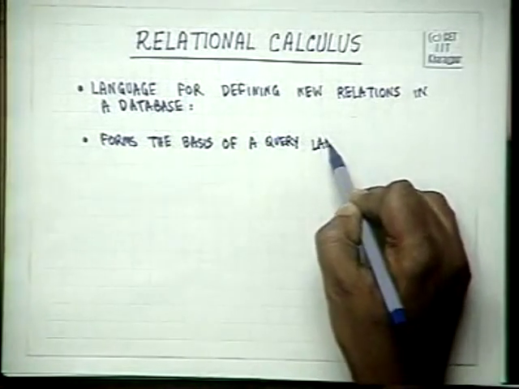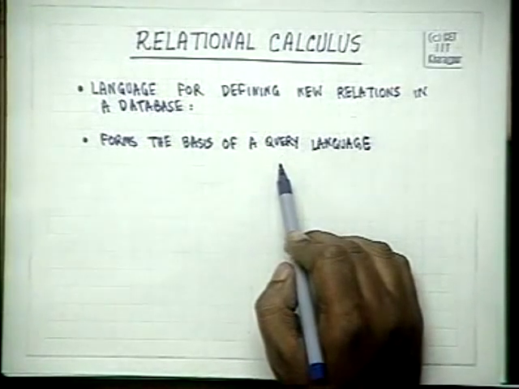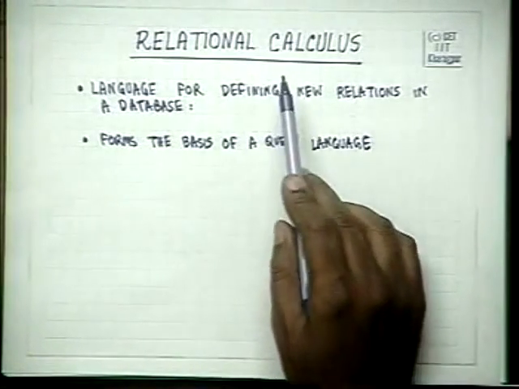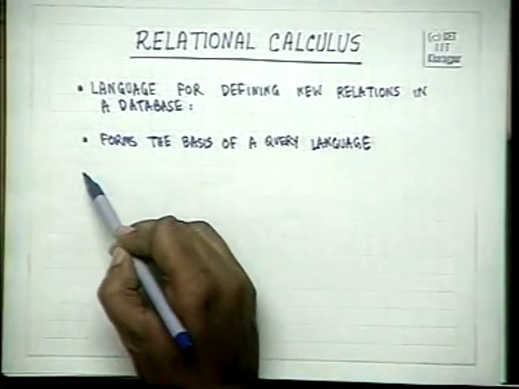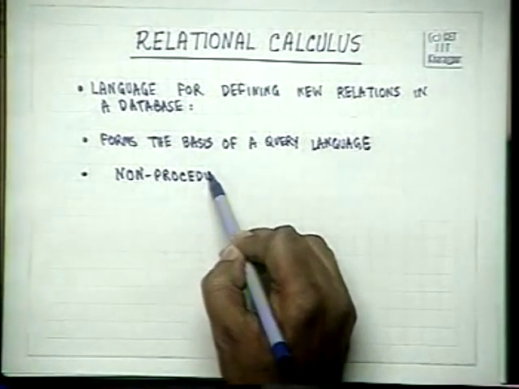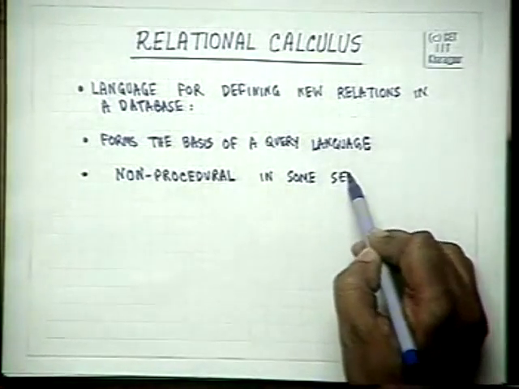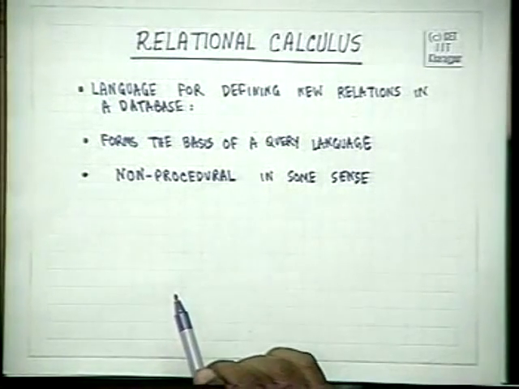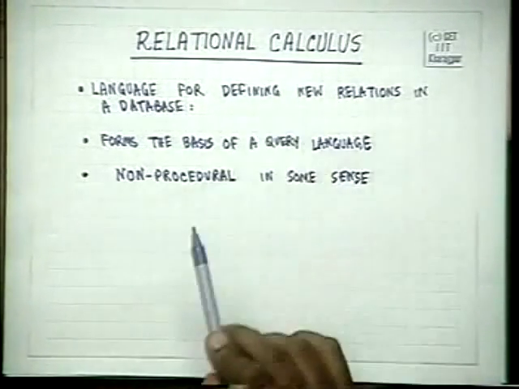We have seen earlier that a query language is just a language which expresses new relations. Relational calculus is also a query language, a mechanism for expressing new relations, but its difference with relational algebra is that it is non-procedural in some sense. This means that in order to express a relation using the relational calculus scheme, you don't have to detail out all the steps or the sequence of steps by which you are to obtain the relation.